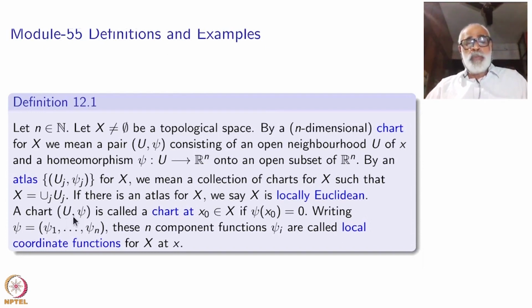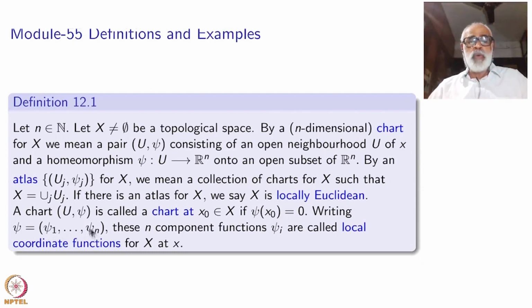A chart (U, psi) is called a chart at x naught if you can choose this psi to be such that psi of x naught is 0. This is a very special definition I have cooked up so that I don't have to keep on saying that psi of x naught is 0. At x naught means the function is such that x naught is chosen as the origin, going to the origin here. So also we keep writing psi as psi 1, psi 2, psi n.